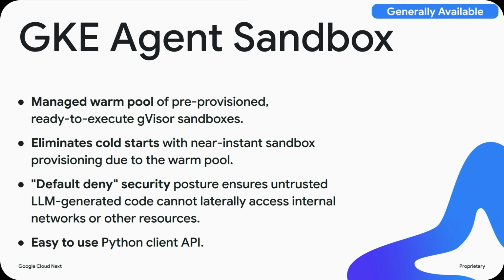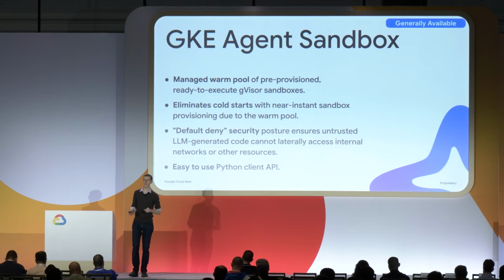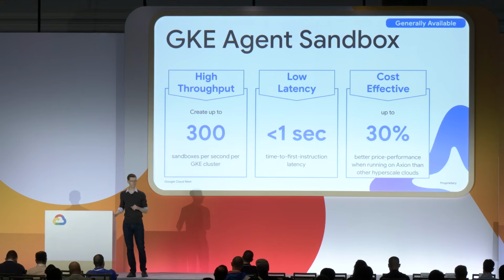And we built GKE Agent Sandbox with a default deny security posture. So that way, you have to specifically grant the agentic workload, grant the sandbox, access to resources in your cluster. Networking resources, storage, disk, other resources within the cluster. You have to grant that access. Security first. Super easy to use Pythonic API as well.